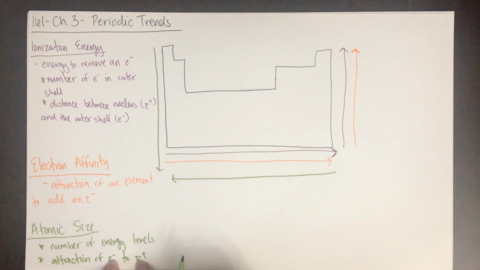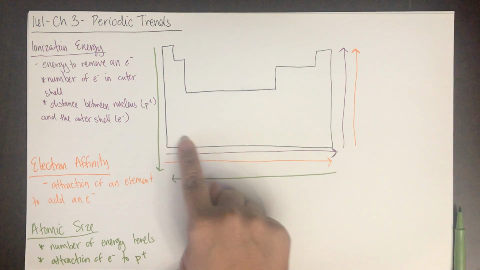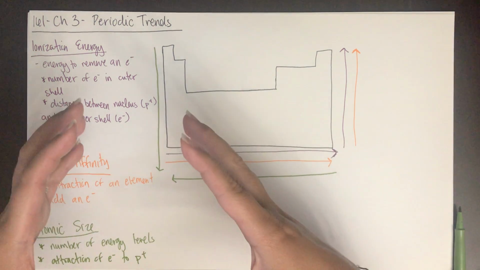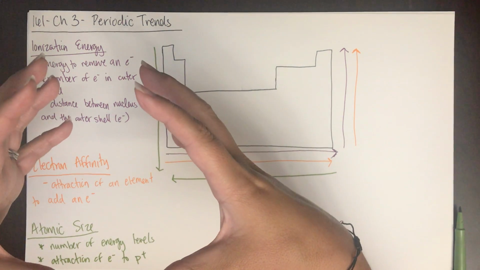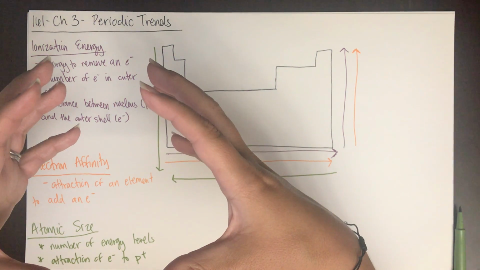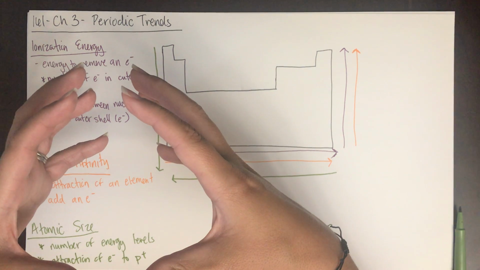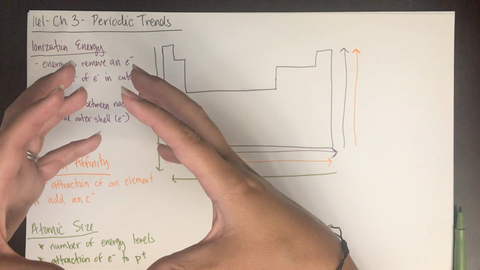The attraction of electrons to protons means that as we go across the period here, and we are adding more and more electrons, if you're within the same shell and you have 5 electrons and then the next one has 6 electrons, there's a little bit more attraction between those positive and negative charges.